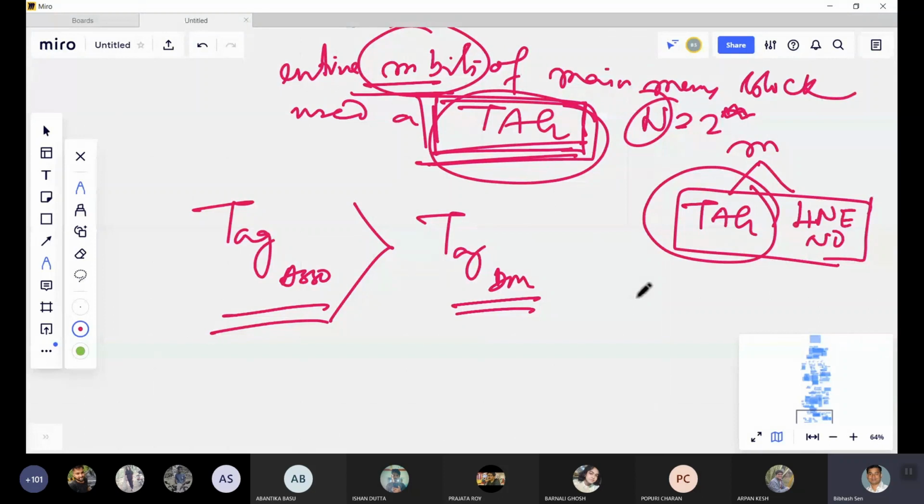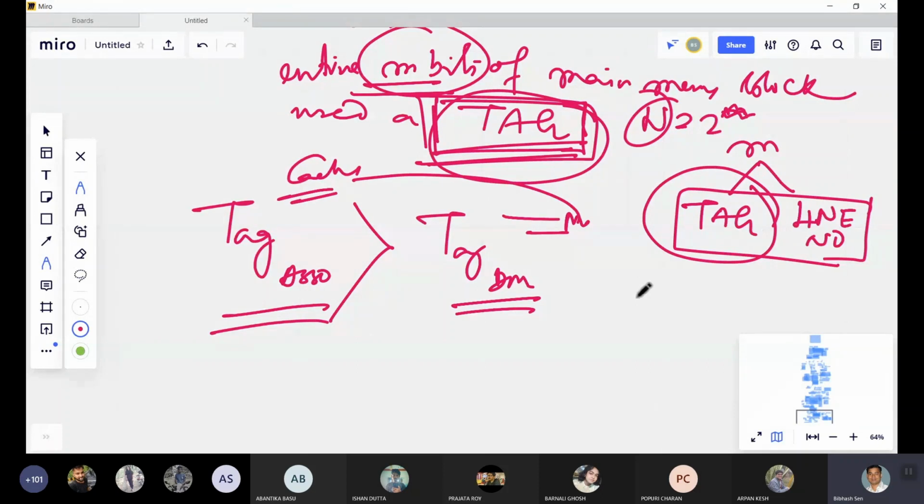If the associative search fails, that means it does not match any tag of the cache memory, then the main memory is accessed for the required data, and this is a cache miss, you know. So a block of data is transferred to the cache and the tag directory is updated accordingly. So the entire block from the main memory has to be fetched to the cache memory, and then the tag will be updated.